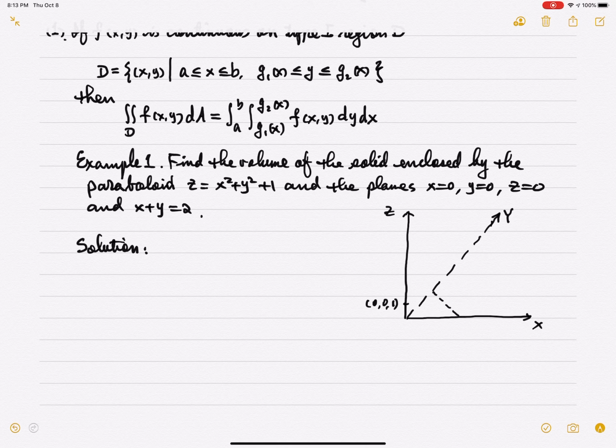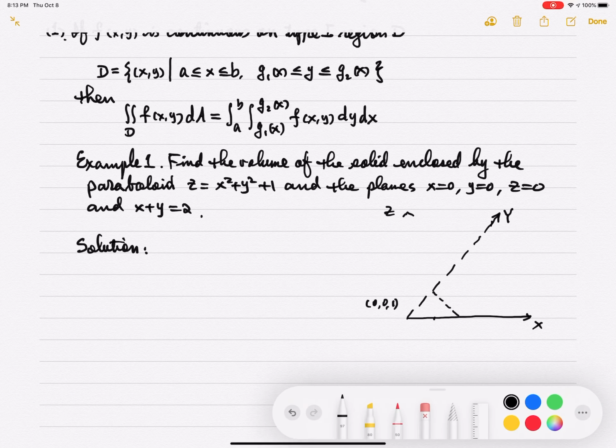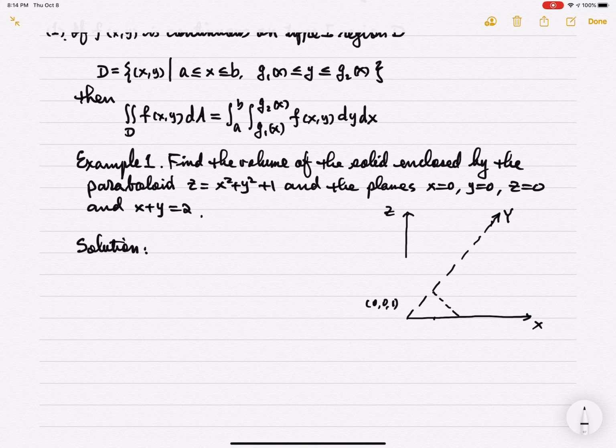Maybe I should move the y a little bit higher. How about that? Now you see when x equal to 2, y equal to 0, then z must equal 5. So z equal to 5.